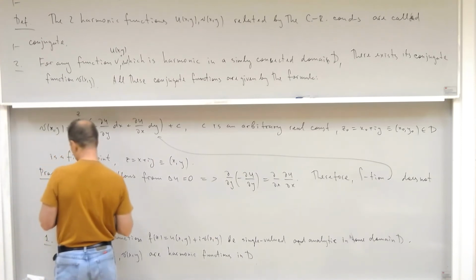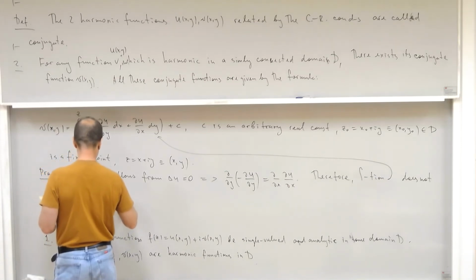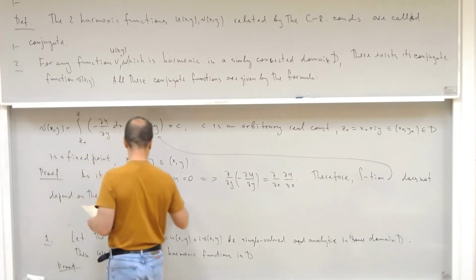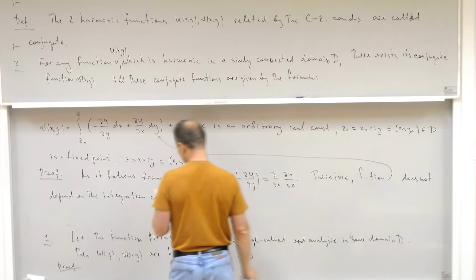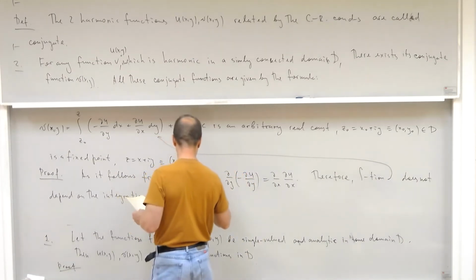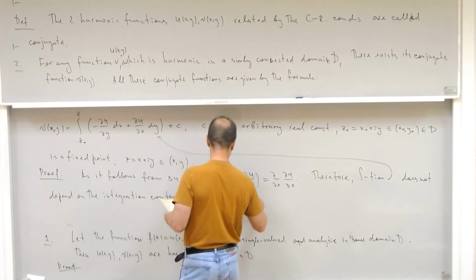The path of integration is an arbitrary curve that connects z0 and z in the domain D, which is assumed to be simply connected. It can be any path, for example a straight line, if it lies in the domain D.